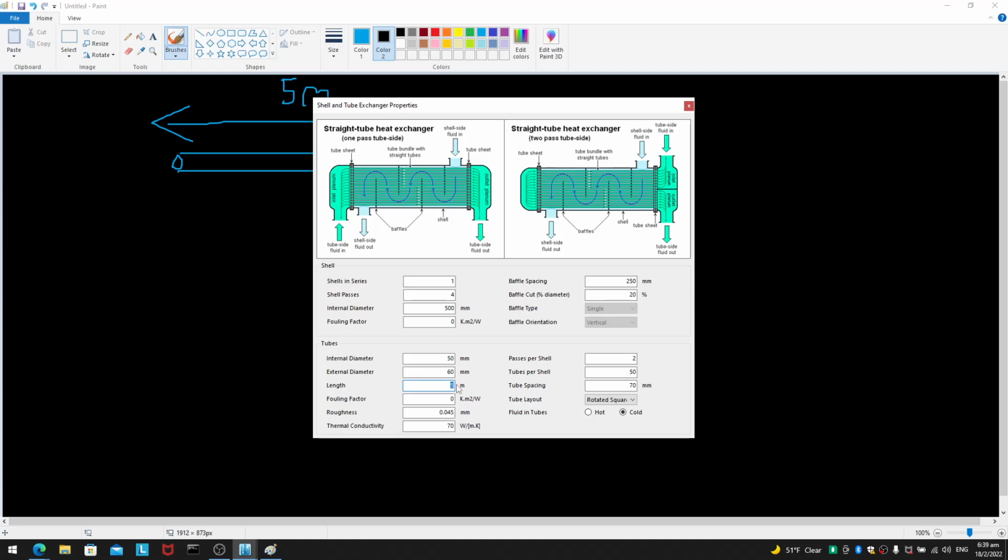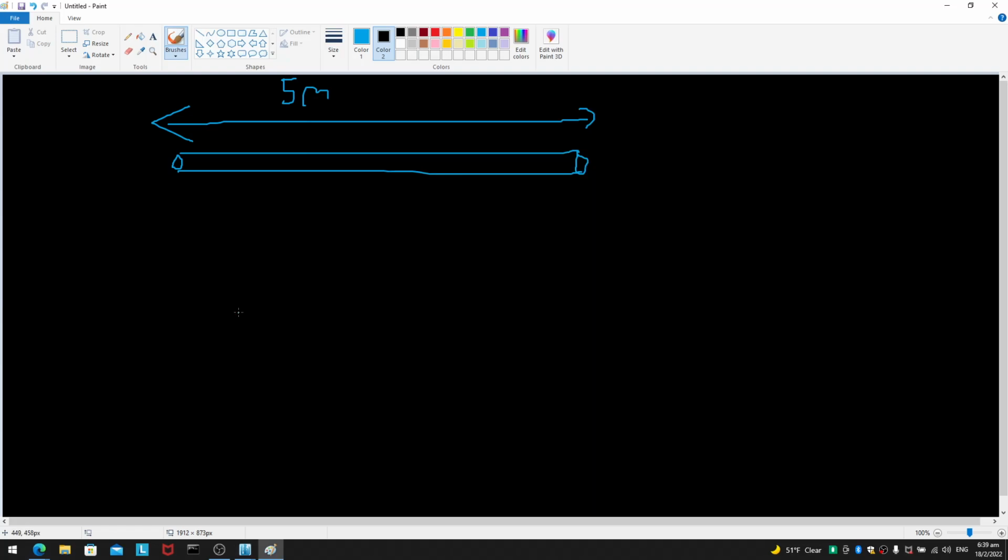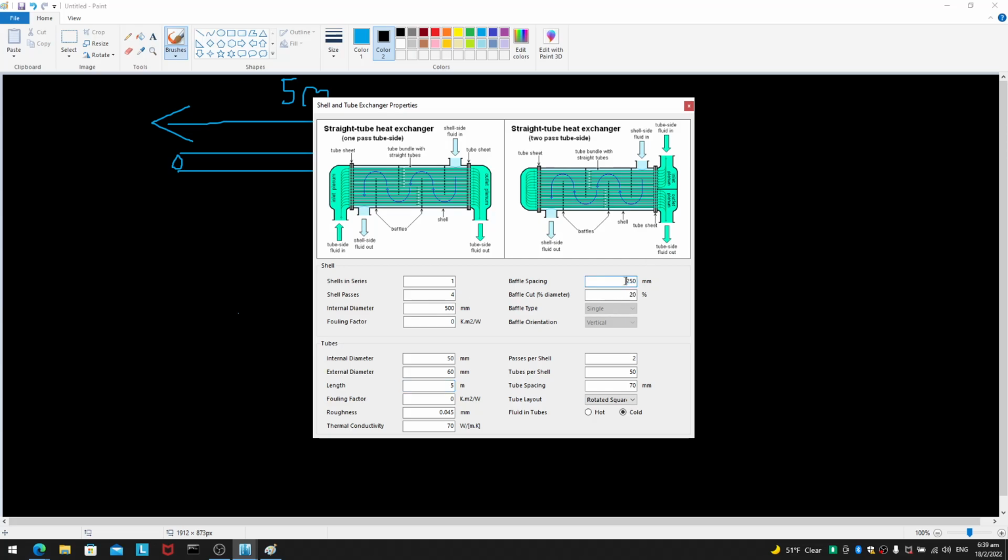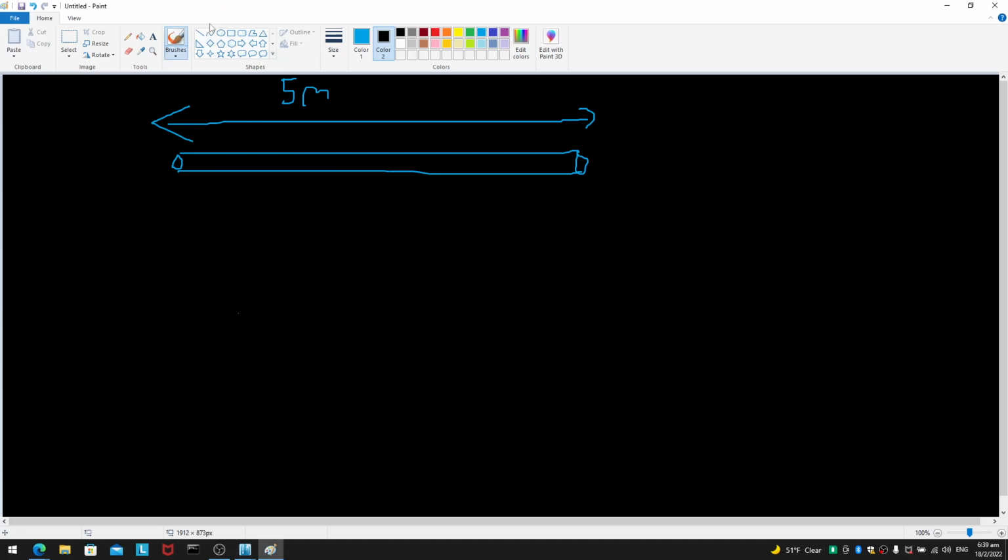So if there's a 2 pass heat exchanger, this will be 10 meters. Now, it's a 5 meter long tube, and you have a baffle spacing of 250 mm. So let's do the fluid like so.